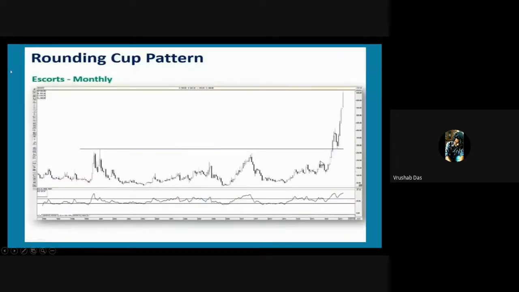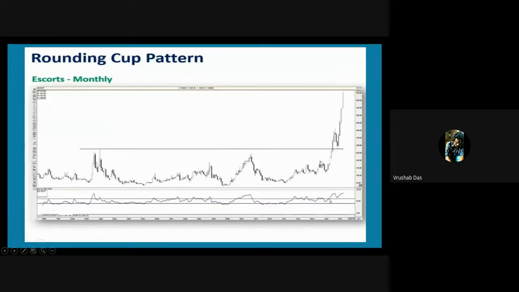This is an example of a rounded cup pattern on the Escorts monthly chart. You can see the base has been created. The cup size was very long. If the cup distance is more, then the chances of reversal would be increased. And here I'm not just talking about the cup, but the RSI movement also.